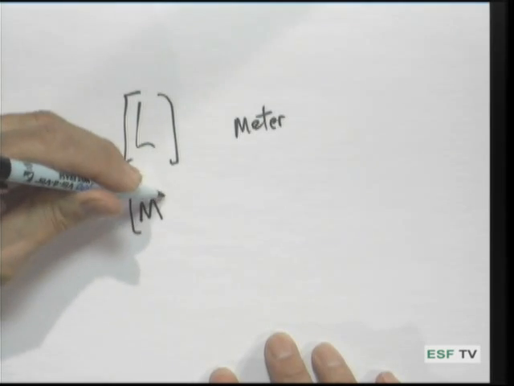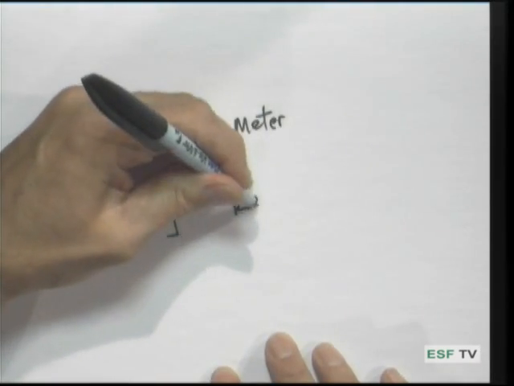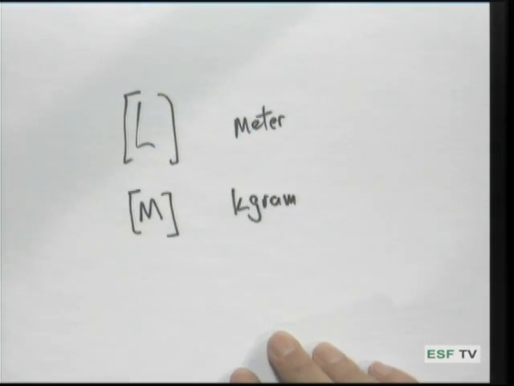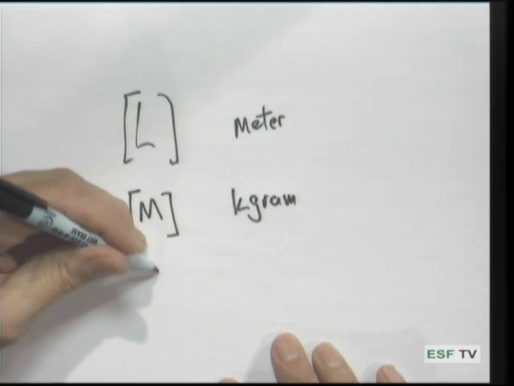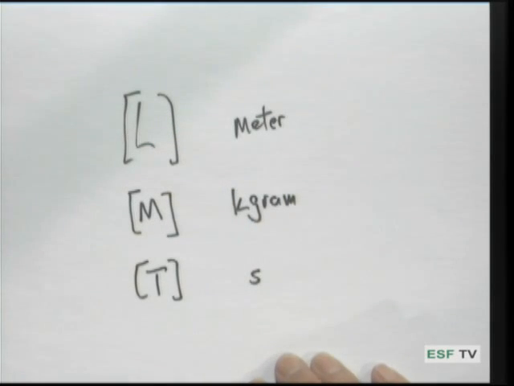Again, the gram was not all that convenient, and so what these scientists agreed upon was that instead of the gram, the kilogram would be the standard unit of mass, and then time, seconds, that was okay. So they kept the second as the unit of time. And this system of mechanical units, rather than centimeters, grams, and seconds, uses meters, kilograms, and seconds.